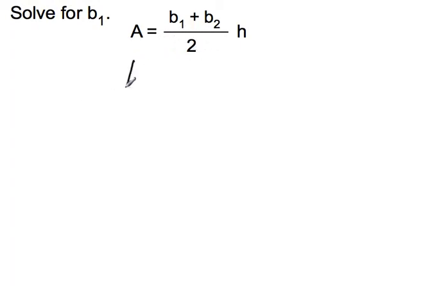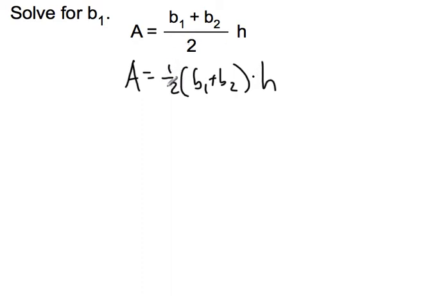Let's rewrite this as 1/2 of b1 plus b2 times h. Okay, because anything divided by 2 is the same as that thing multiplied by 1/2. So we can multiply both sides by whatever the multiplicative inverse of 1/2 is, which is 2.